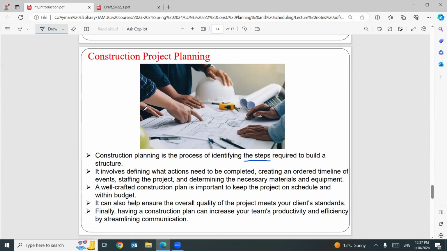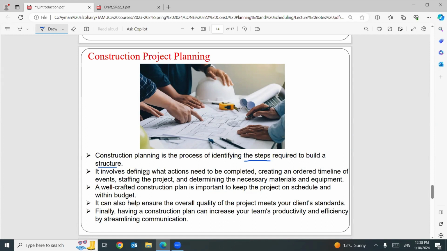It means what are the steps required to build a structure. So if you are thinking how to start to build your house, for example, what should I do? Do I need to build the walls first, the roof, the floor, the columns, or excavation, or foundation, or what?